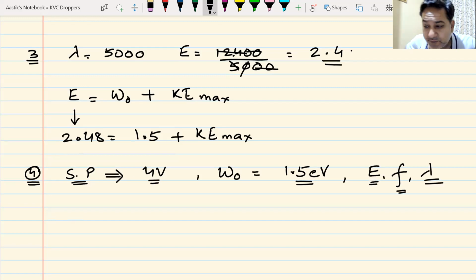Is the question clear to everyone? Stopping potential for a photoelectric current is given as 4 volt. Work function is given as 1.5 electron volt. Find out the energy of the radiation, energy of the photon, frequency of the photon, and wavelength of the photon.